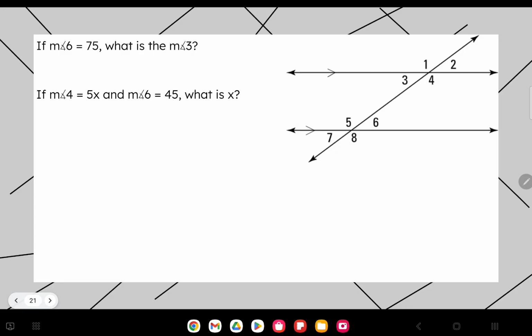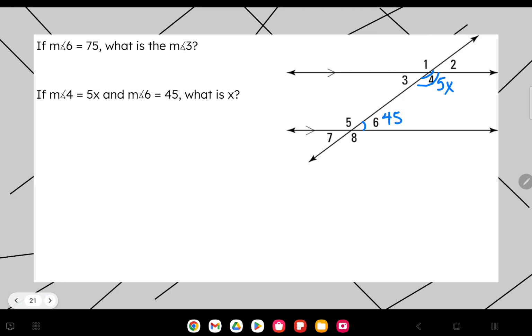All right, let's just take it another step, make it a little bit more challenging. So the measure of angle 4 is 5x. And the measure of angle 6 is 45. And we want to know what is x. So let's take a look at angle 6 and angle 4.